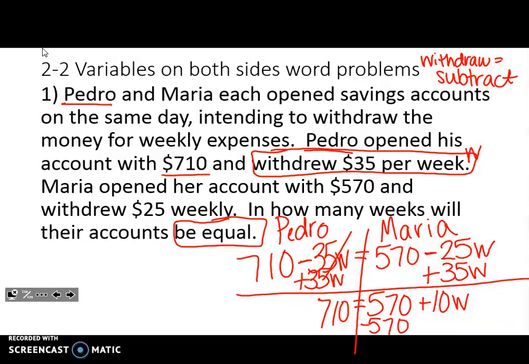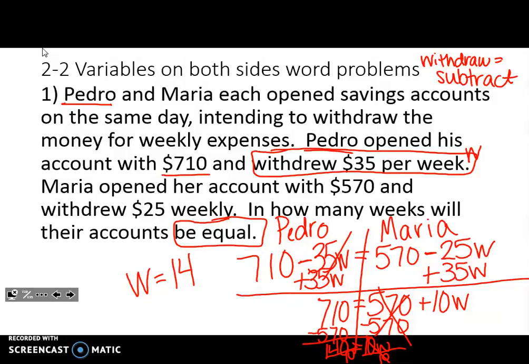So we're going to subtract the 570 away. We're left with 10W equals 140. And then we divide both sides by the 10 to get W by itself. 140 divided by 10 equals 14.